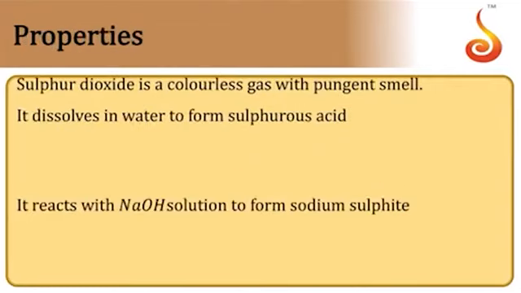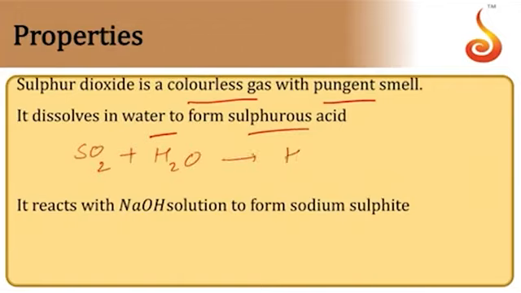Let us take now the properties of sulfur dioxide. Sulfur dioxide is a colorless and pungent smelling gas, the smell of burning sulfur. It dissolves in water to form sulfurous acid, that is, SO2 dissolves in water and gives rise to H2SO3. And it reacts with NaOH to form sodium sulfite.